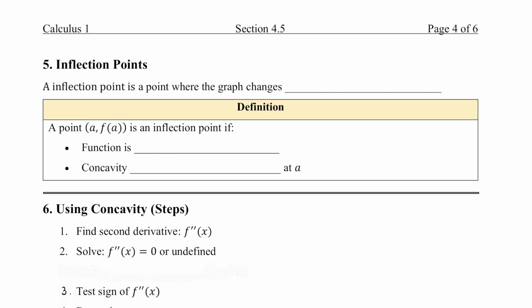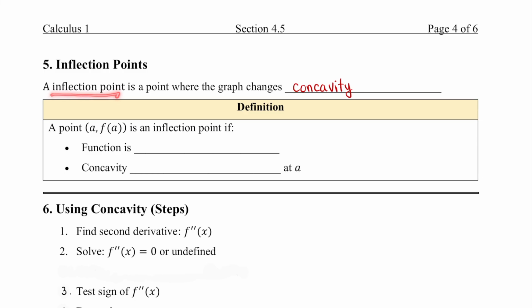Now that we understand concavity, we are ready to move on to a very important concept that comes from it. An inflection point is a point where the graph changes concavity. So this is where the graph switches from concave up to concave down, or from concave down to concave up.